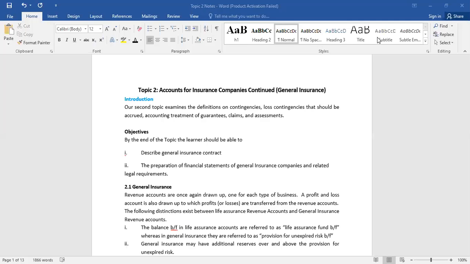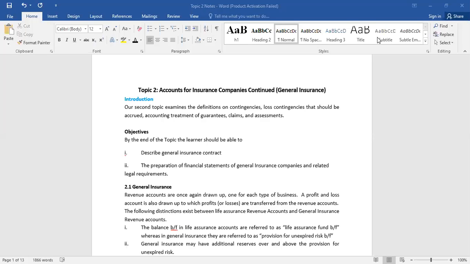We have the revenue accounts drawn in the general insurance business, then a profit and loss account, which is also drawn. Being a business, we expect that at the end of the year the business has made some profit. That is why, when talking about the revenue account, I indicated that it's a must for the credit balance to be more than the debit balance.